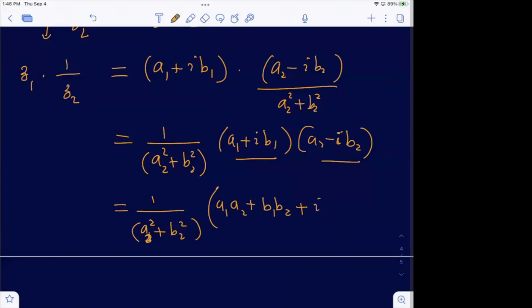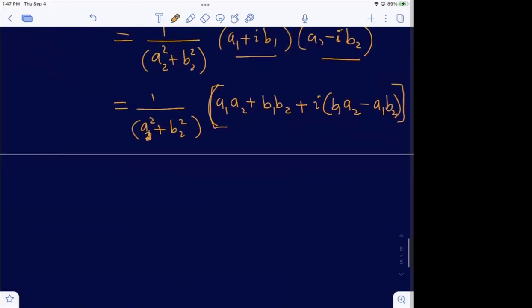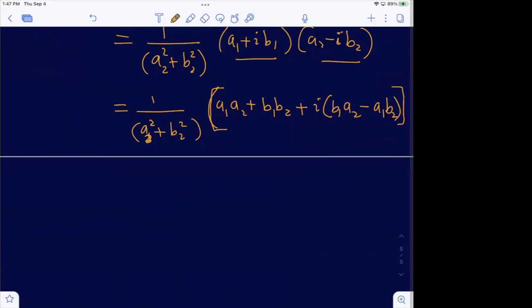That would be i times B1 A2 minus A1 B2. Let's use brackets to build this. So now in this way, we can have the product and we can have the division of two complex numbers.